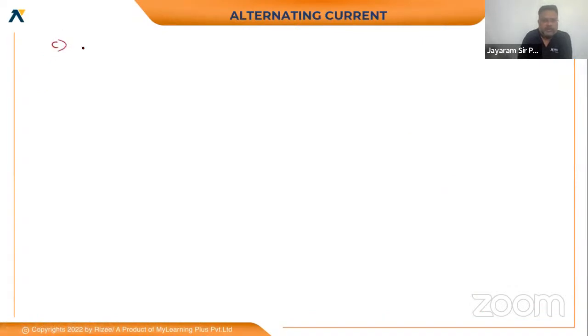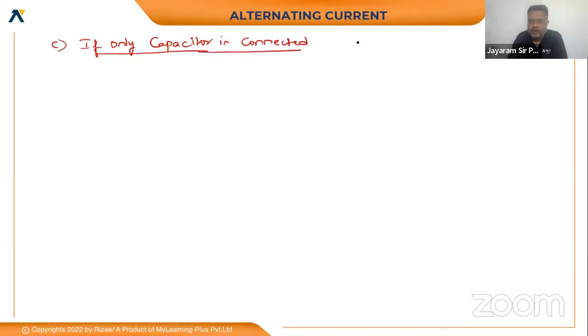Now in case C, that is if only a capacitor is connected in the circuit. So to an AC input, if only a capacitor is connected, it is like this.